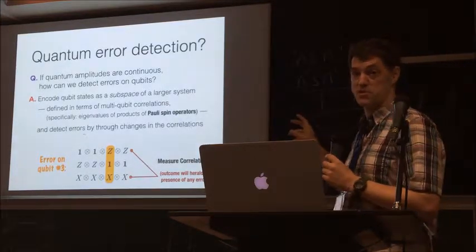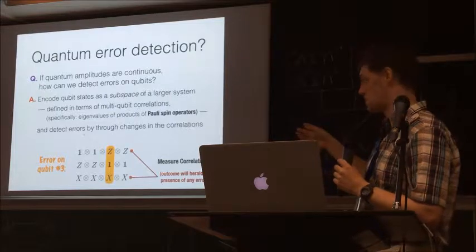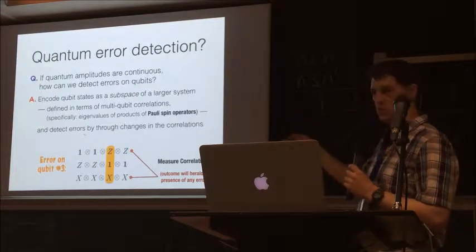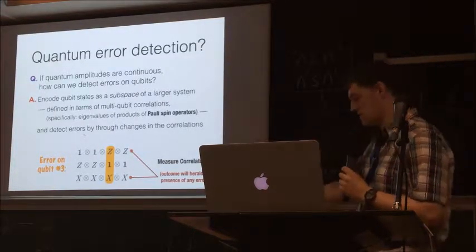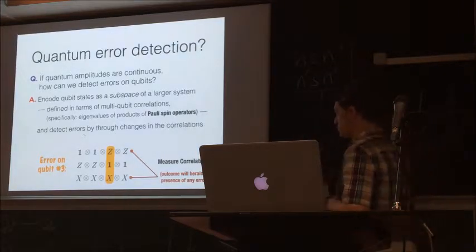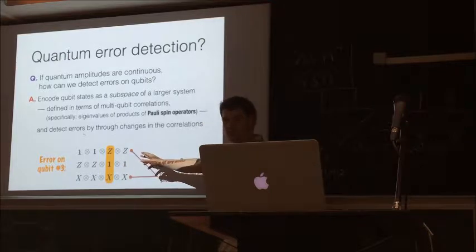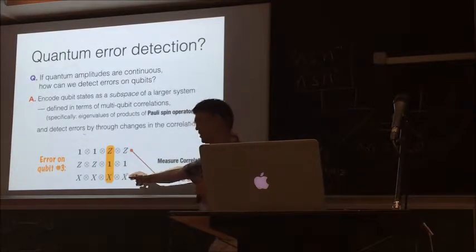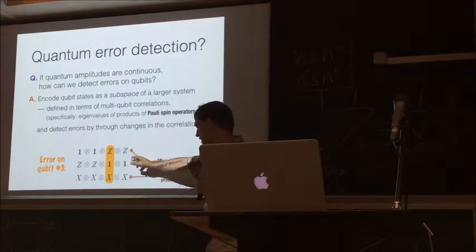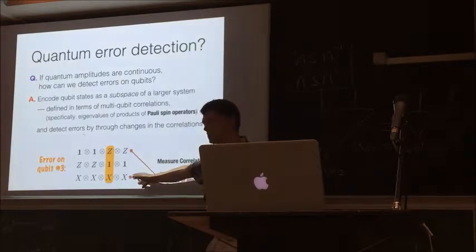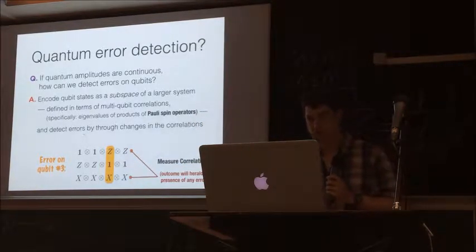If something has happened to your state, then you're going to have a collapse of your state into either no error or some error. In this particular case, any error that happened would either affect this parity property, violating its status, or this parity property, violating its status. So if we measure that either of these parities is no longer the one that you expected, we know that some error occurred.